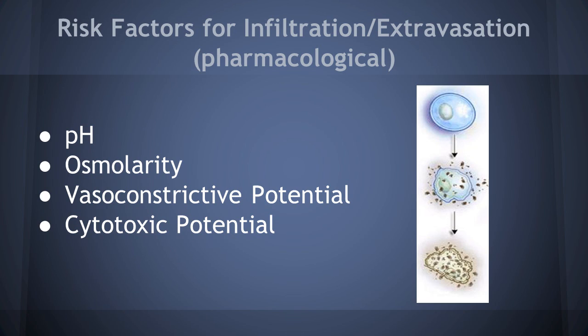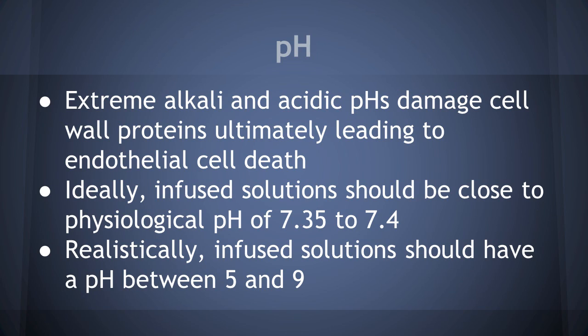Next, I would like to cover the pharmacological risk factors for infiltration and extravasation. These include pH, osmolarity, which is concentration, vasoconstrictor potential, and cytotoxic potential. As we all know, extremely basic and acidic compounds can be damaging to cell walls.